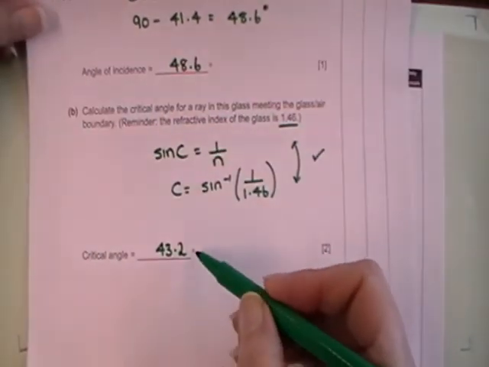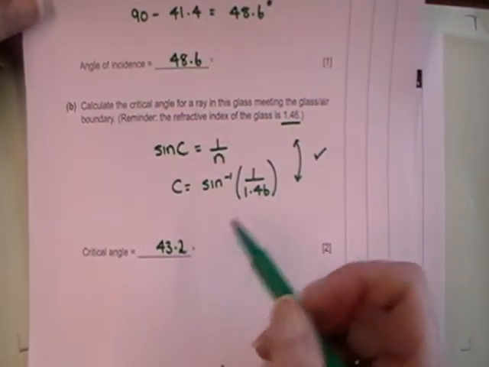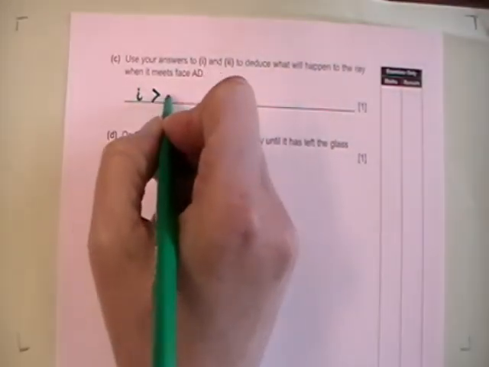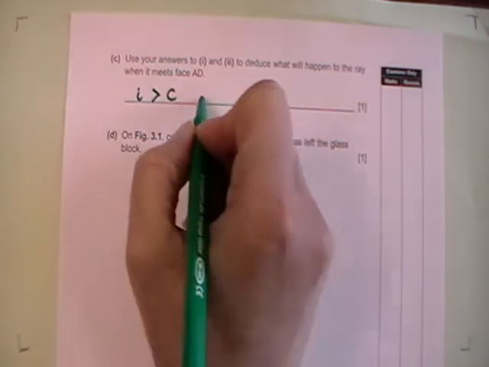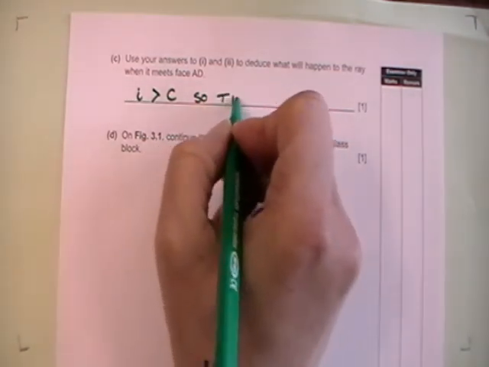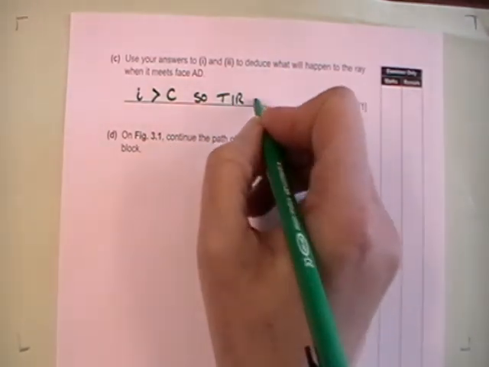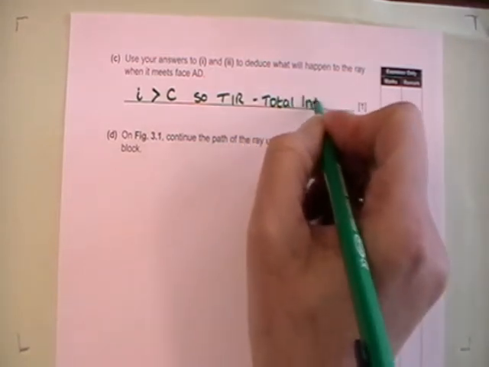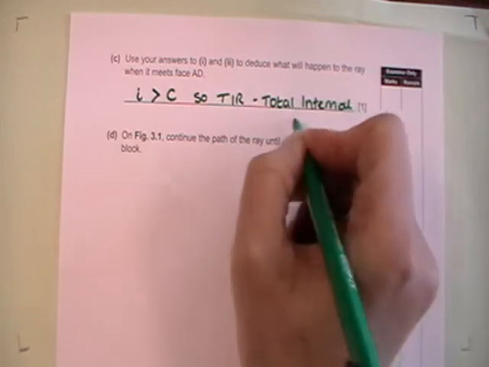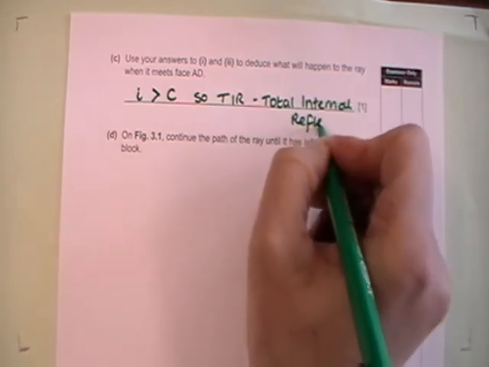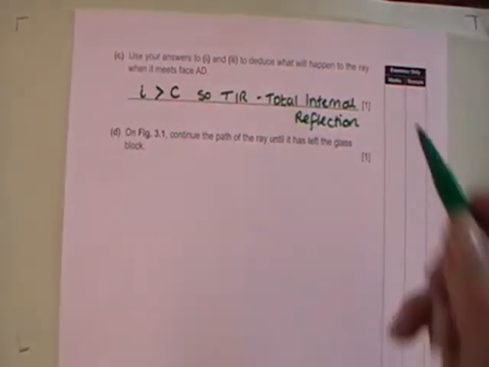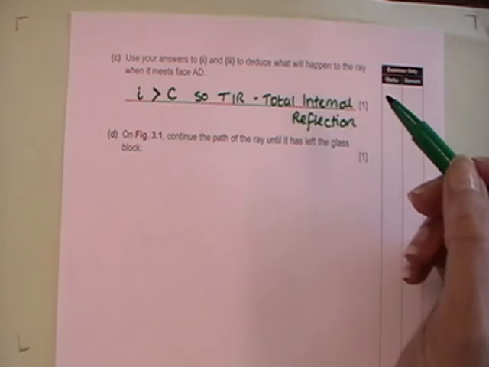We also calculated the critical angle to be 43.2 degrees. So the angle of incidence in this question is greater than the critical angle. So we get total internal reflection, TIR for short, but you should write it out in full in the exam. Because that angle of incidence is greater than the critical angle, we experience total internal reflection at that boundary AD.